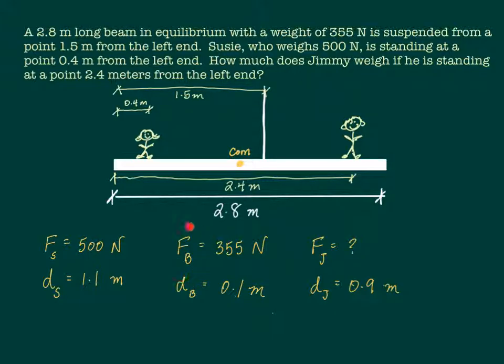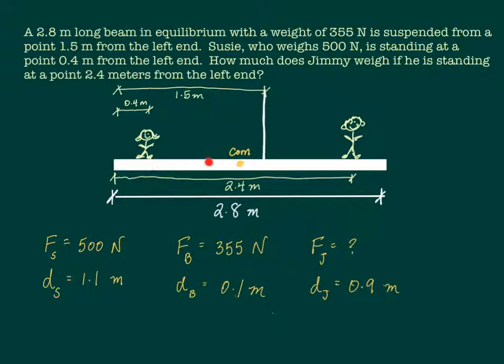I have this FB, this force B, and this is the force of gravity on the beam. And where is that force actually being applied? Well, it's at our center of mass of the beam. Okay, we started talking about center of mass in class on Thursday. So our center of mass for this beam is right smack dab in the middle.